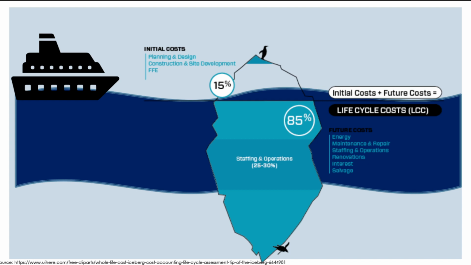They just see the small iceberg, but actually the cost or the overall cost or the life cycle cost is beneath the oceans, which includes the energy cost, maintenance, repair, renovation work, and so on. So it is important to look in the life cycle perspective in order to get the value for money in the long run, in long term.